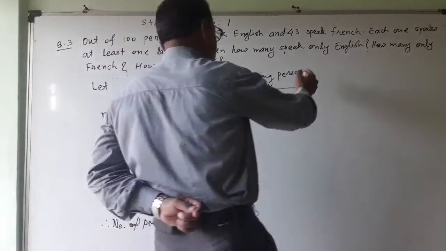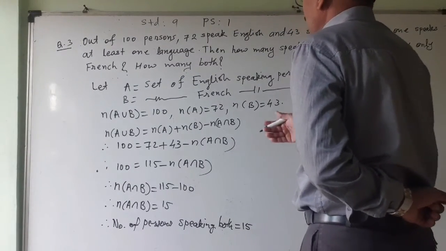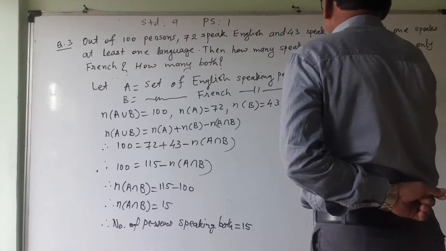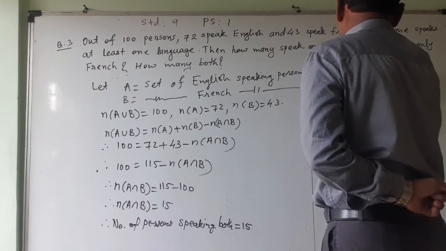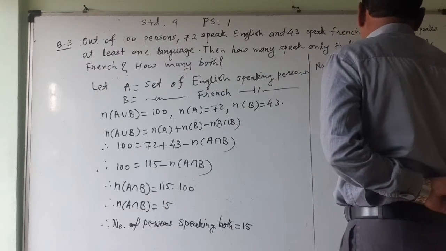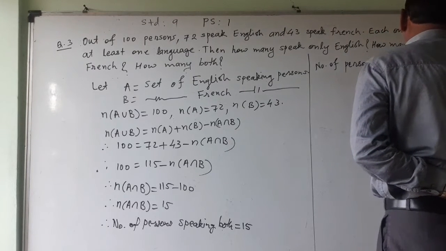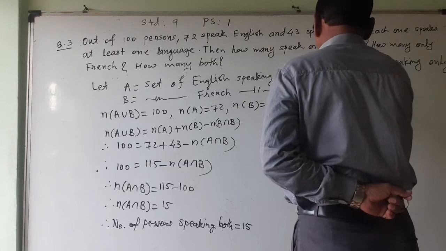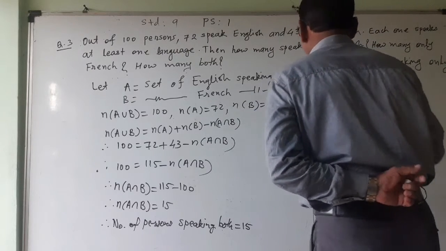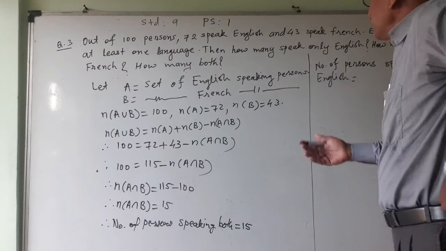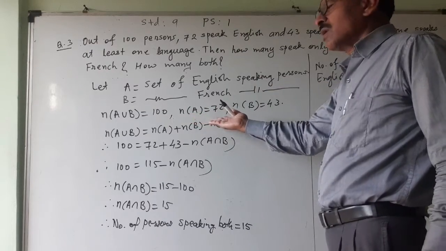Now what do I want? First question: how many speak only English? Number of persons speaking only English is equal to English speaking persons, how many? 72.